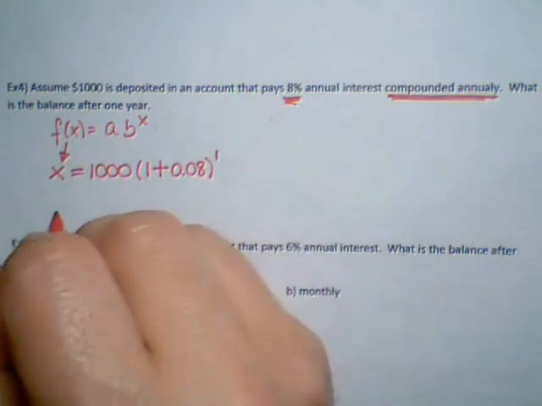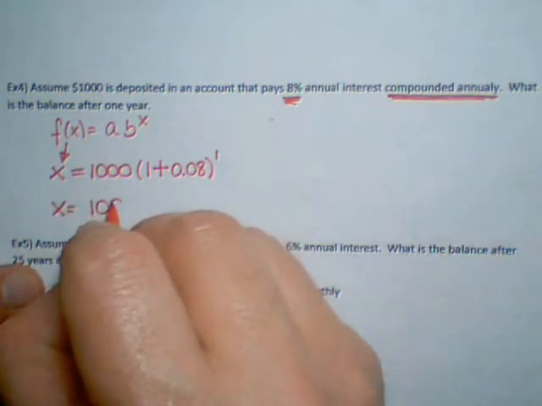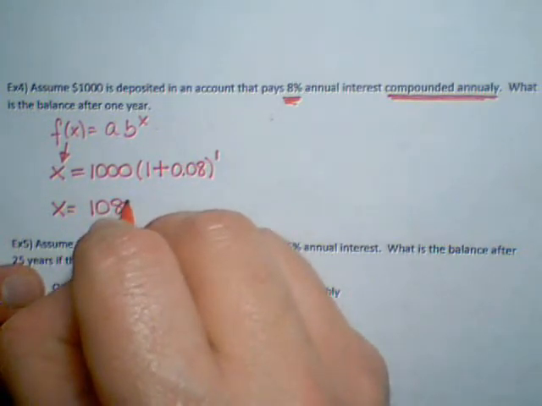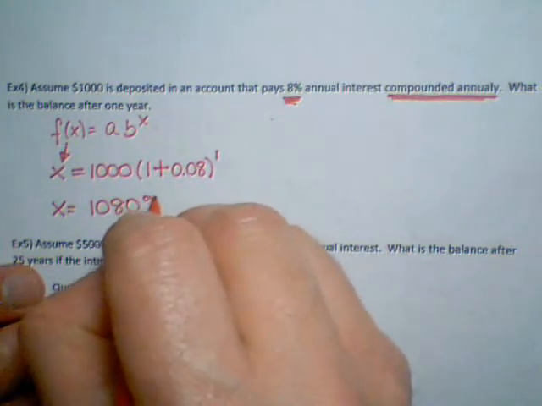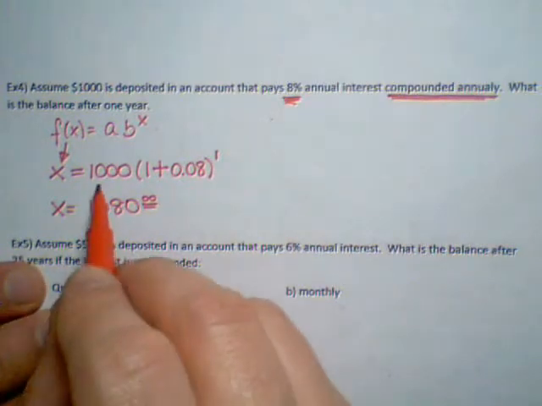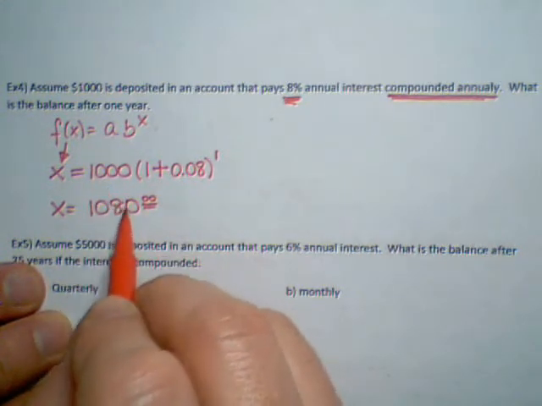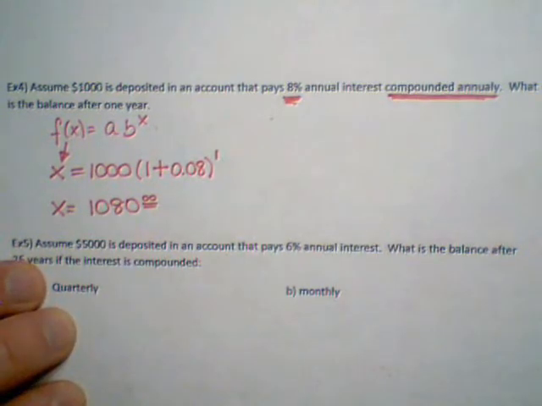And if I punch that in the calculator, that tells me that in 1 year, I'm going to get $1,080 in my bank account. So that means that if I leave the money in the bank for one whole year, the bank's going to pay me $80 for having that money in the bank.